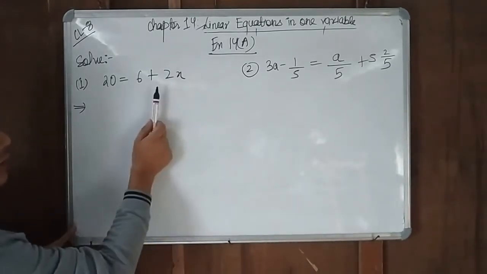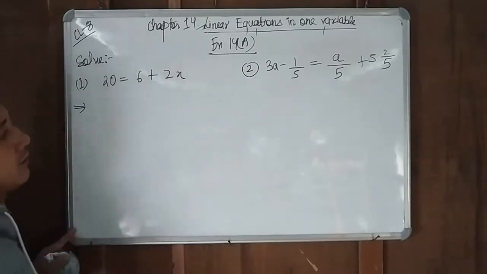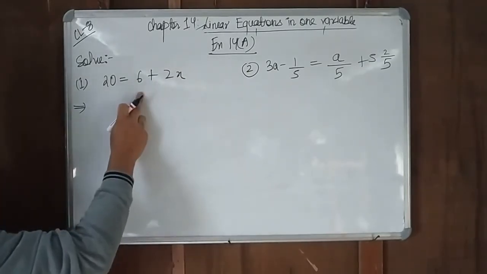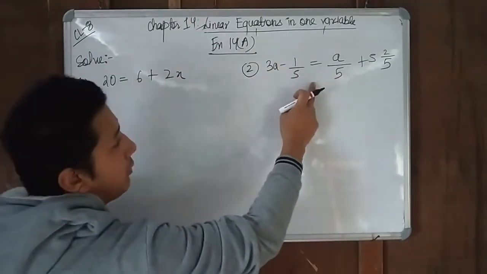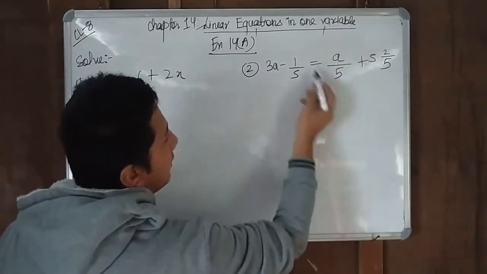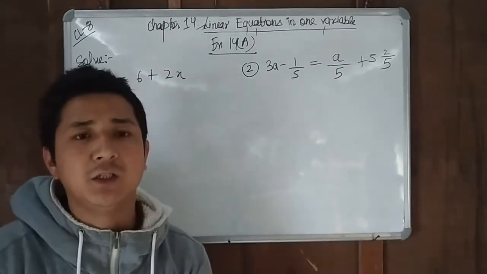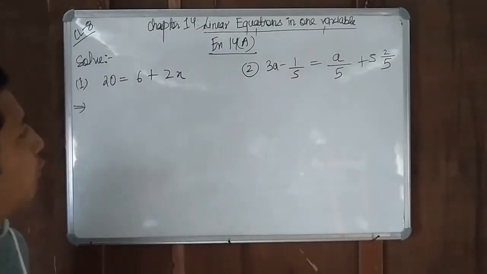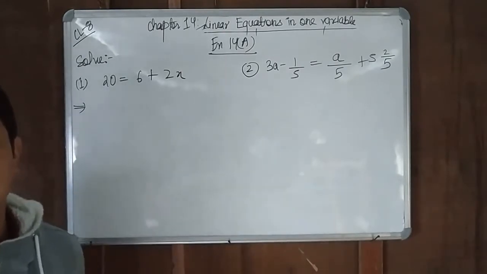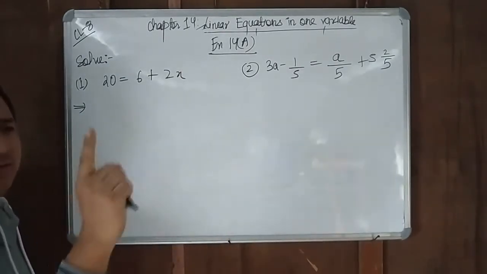The variable here is x, the power of the variable is 1, so hence it is a linear equation in one variable. Same goes here. The variable used here is a, power is 1, the rest everything are constants, so hence both of these equations are linear equations. So I hope you are clear how to identify whether it's a linear equation or not. Just look at the power of the variable, and only one variable has to be there.